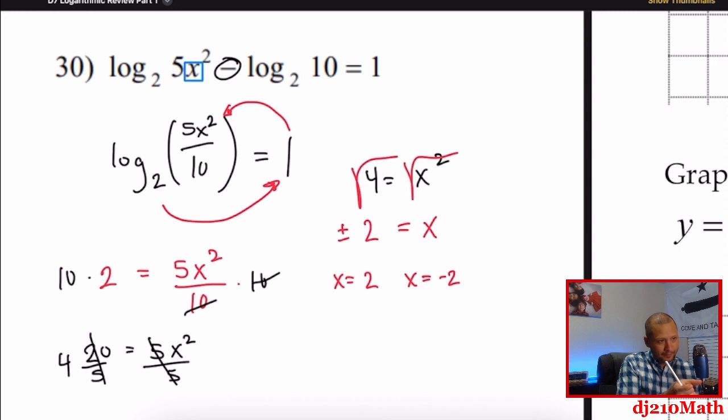But the argument is 5 times x squared, it's basically a package deal. So the x could be 2 or negative 2, because when you square negative 2, you still get a positive. So no matter what, this is going to come out to a positive number.